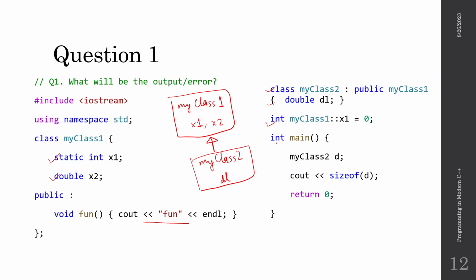Okay, now coming to the main function. So in the main function we basically create an object of my class 2, and we print the size. So you have to say what is the size of this object which contains the three data members. For this you must remember that double values occupy, sorry, wait.